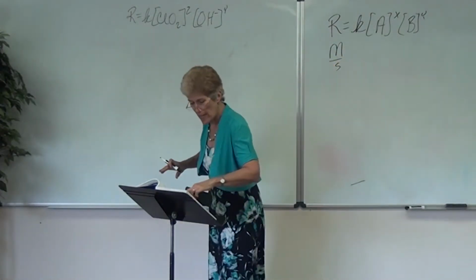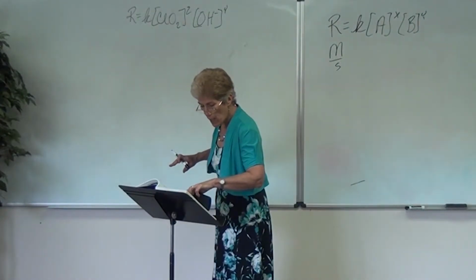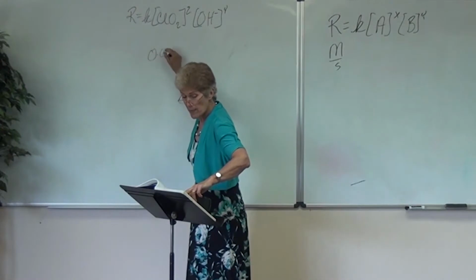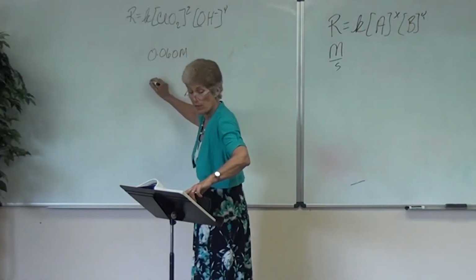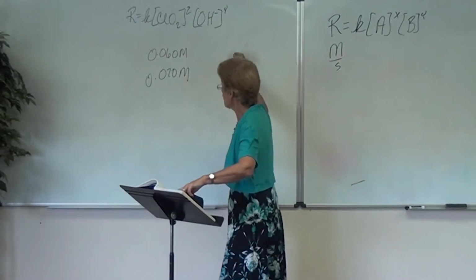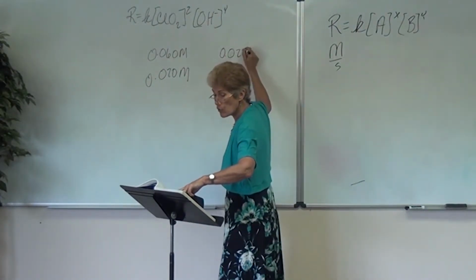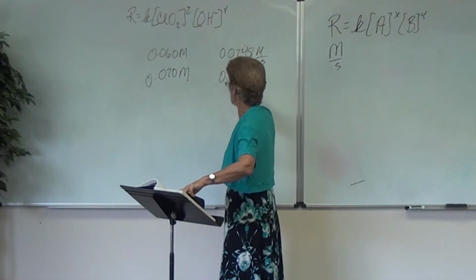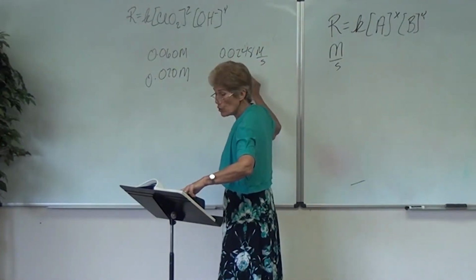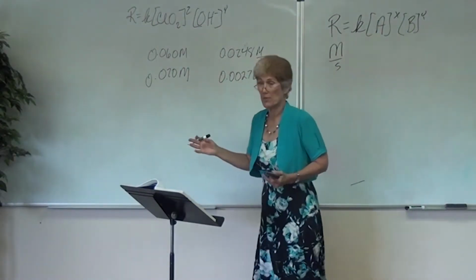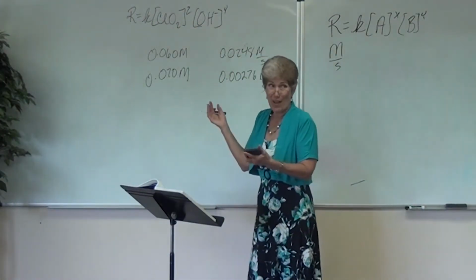Let's go back and do ClO2 again. We used 1 and 2, and we said that 0.060 molar was one of them, and 0.020 molar was another. Then if you go to the far right, you have 0.0248 molar per second, and you have 0.00276 molar per second. Okay, and we flip-flopped them. Basically, you could divide them just the way they are.